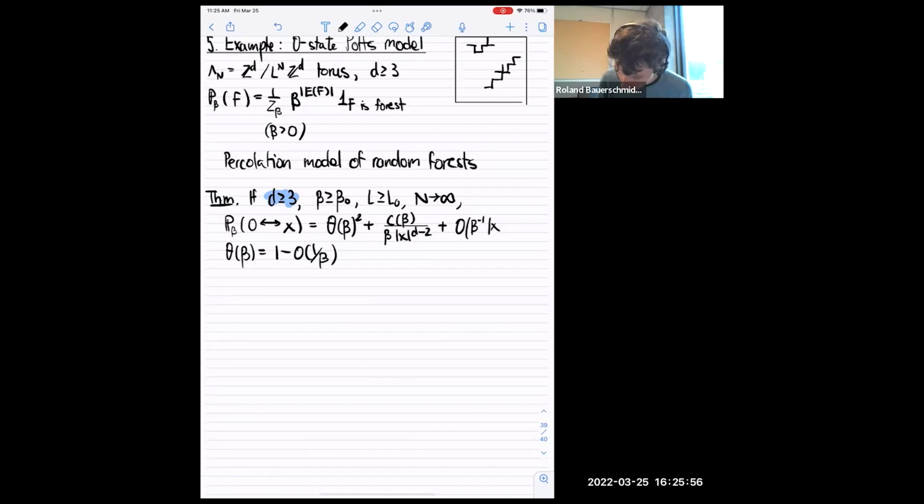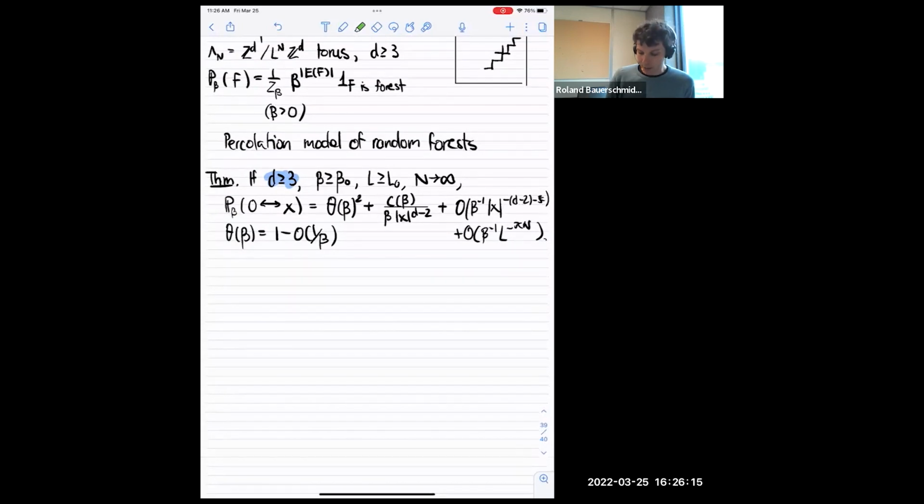And then there are lower order corrections, which are something like this. There is a lower order in x decay, and then there's also a finite volume error. In an ordinary Bernoulli percolation term, well, the first term would look the same.